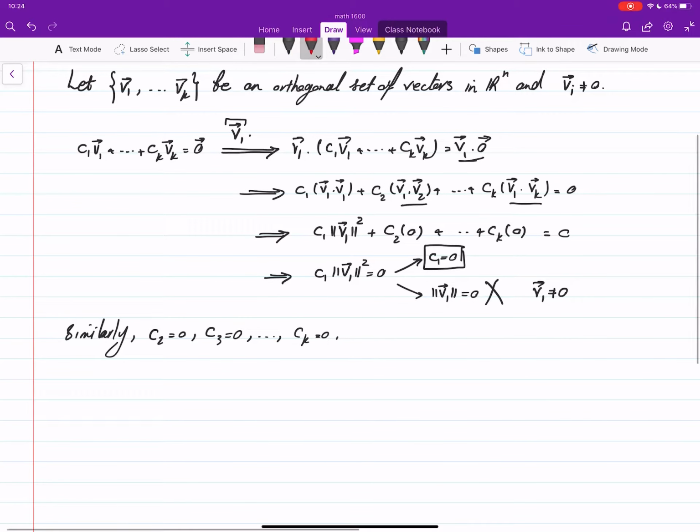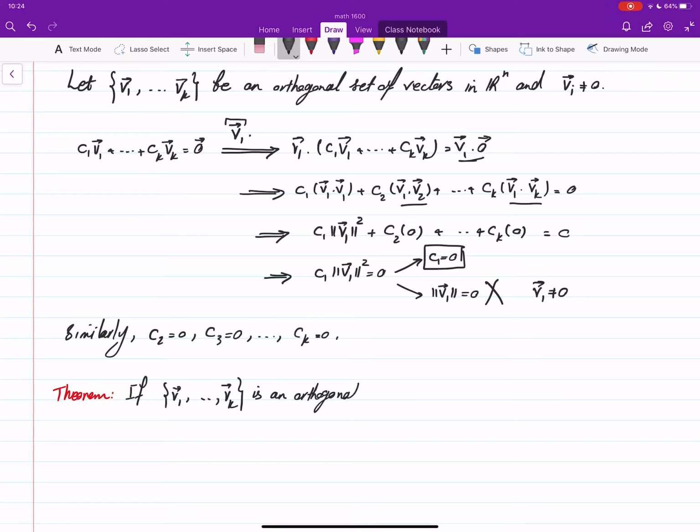And what we proved is the proof of this theorem: if v1 up to vk is an orthogonal set of non-zero vectors of Rn, then v1 up to vk are linearly independent.